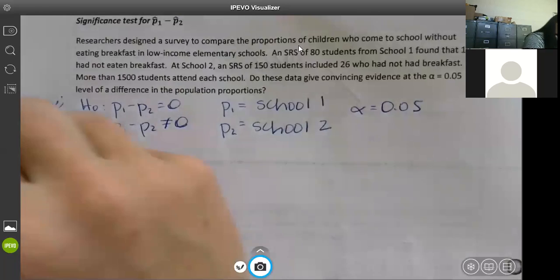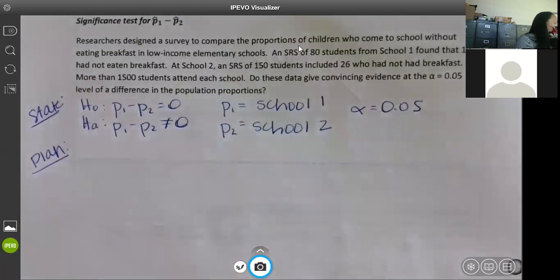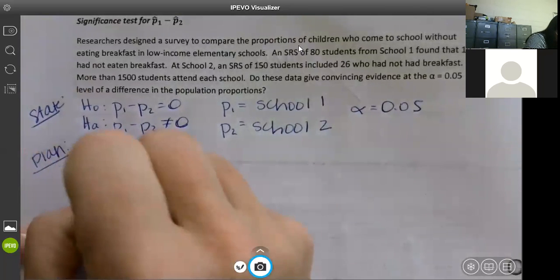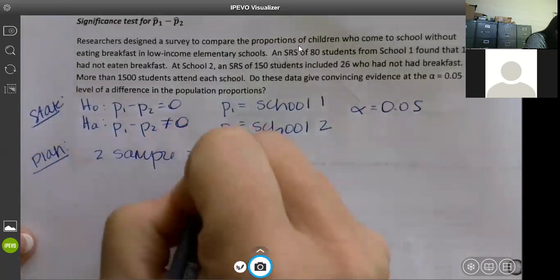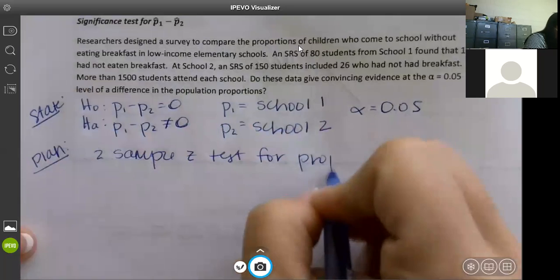What goes in the plan part? A 2 sample z-test for a difference in proportions.